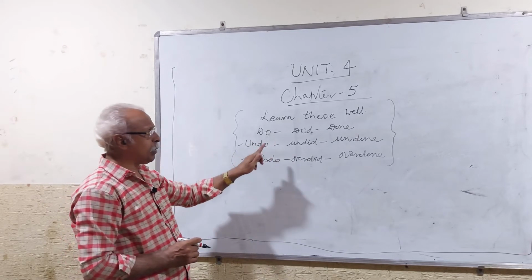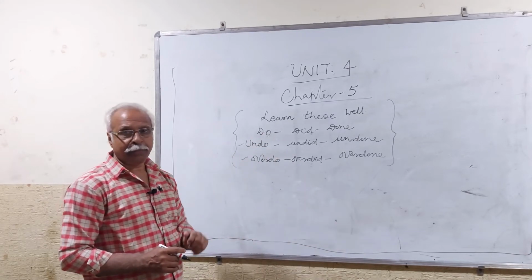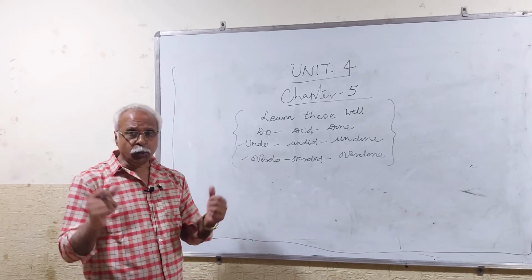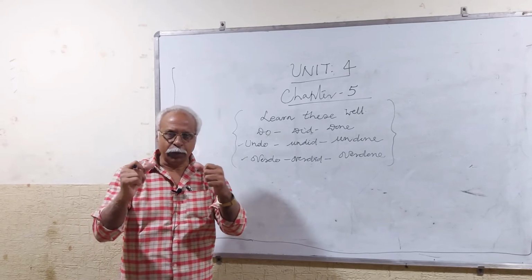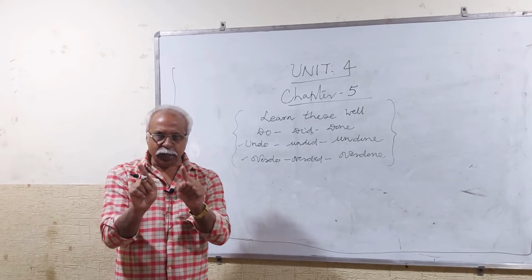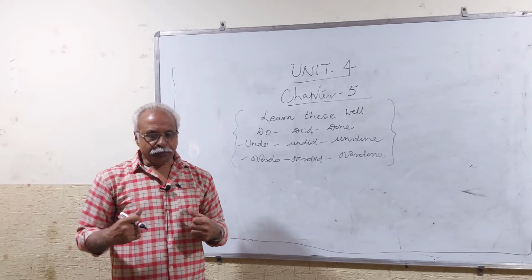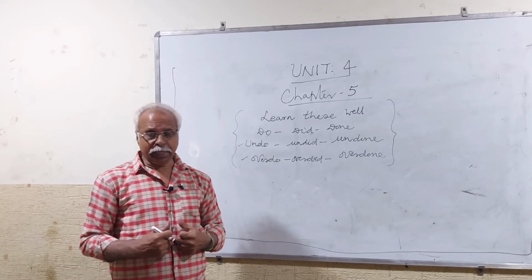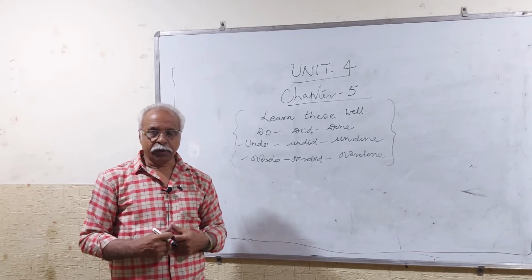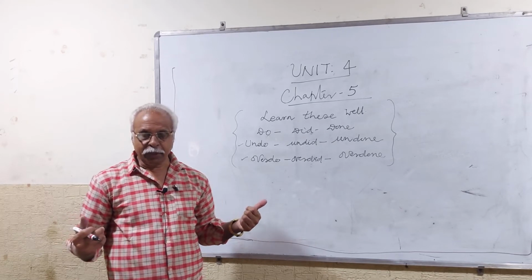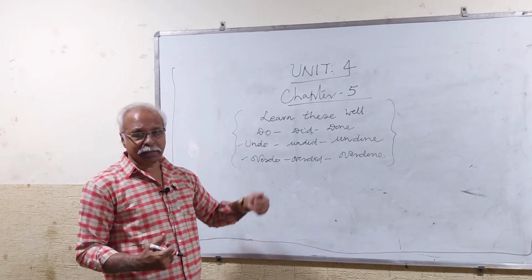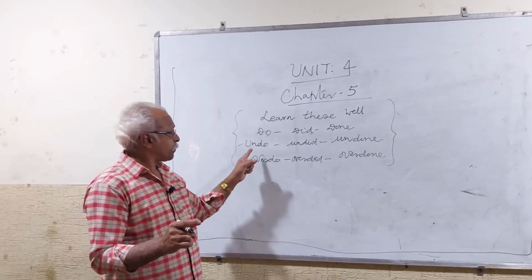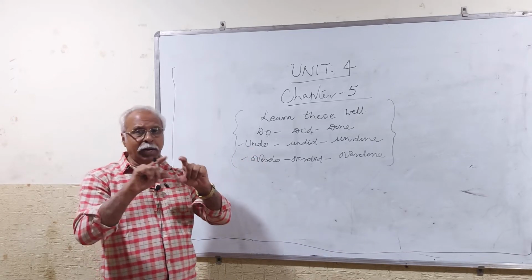And undo, undid, undone, I have already taught you in chapter 4. Do up your buttons, fasten up your buttons. Undo your buttons, unfasten. Do up the buttons of your coat, undo, we can say. Undid, and then undone.